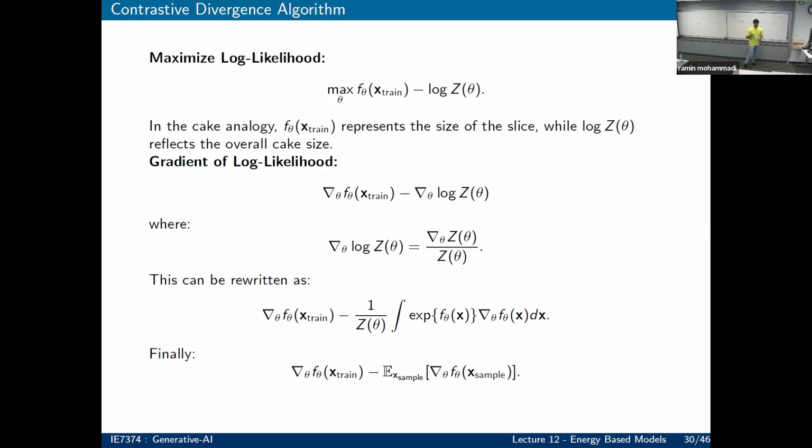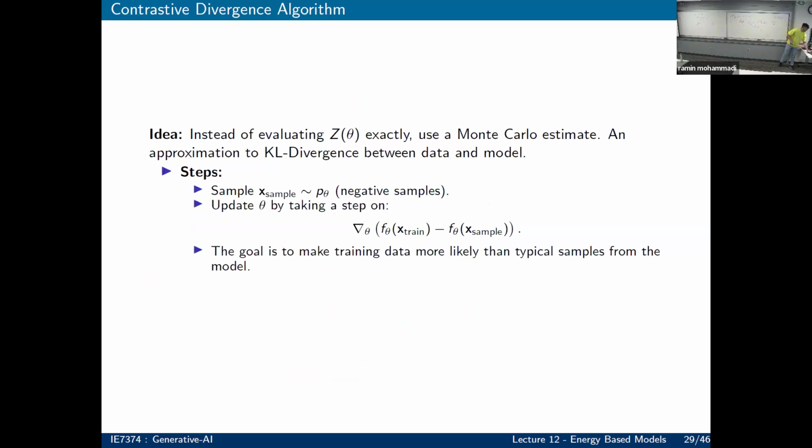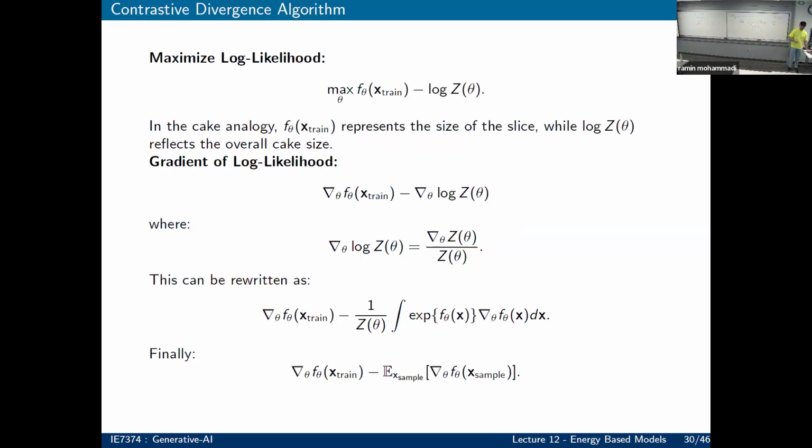And in the previous slide, what did we say? Instead of computing z theta, we sample using Monte Carlo, right? Because z theta becomes intractable, it's really hard to find. So we take a bunch of samples and use them to find z theta. So what will happen here is that it becomes two parts: an expectation over a sample point, and this term over the original data, like the training data. Does that answer it now? Yeah.